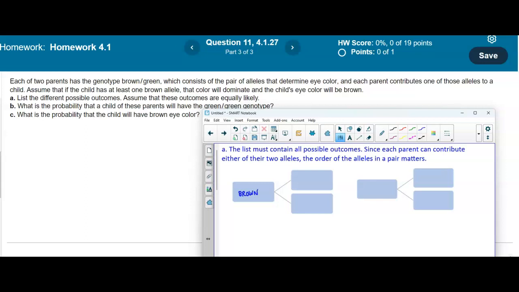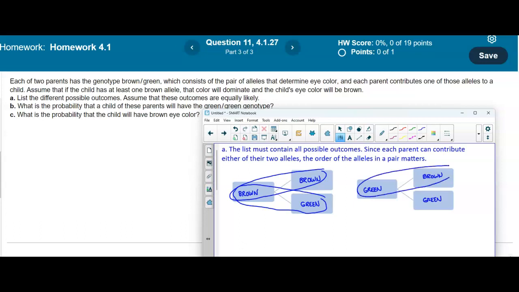So there's either a choice of the second here to be either brown or green. So one option is brown brown, and the other option is brown green. Now we also have the option of green, and that green can then have either a brown or green.